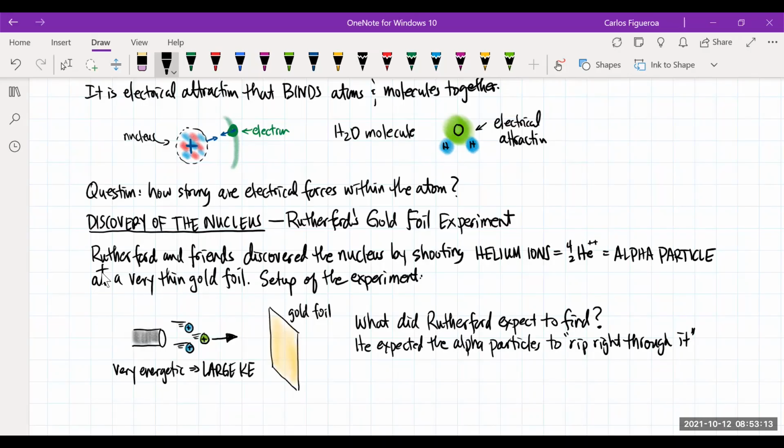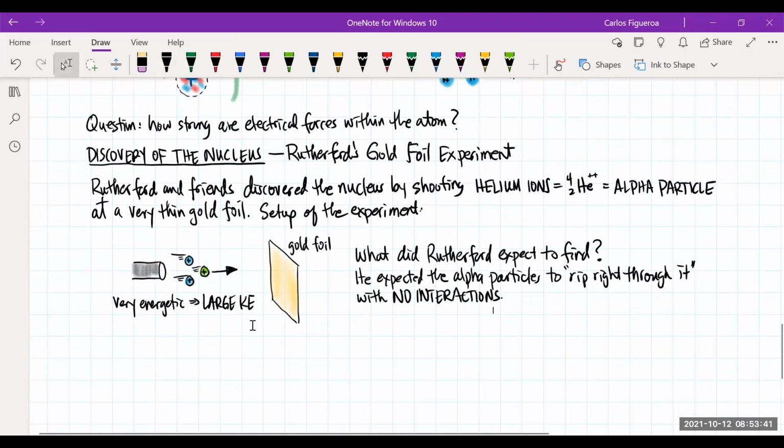Maybe I should have written it a different way: rip right through it with no interactions. The reason why is that the kinetic energy of these alpha particles was just going to push the electrons right out of it, no problem.